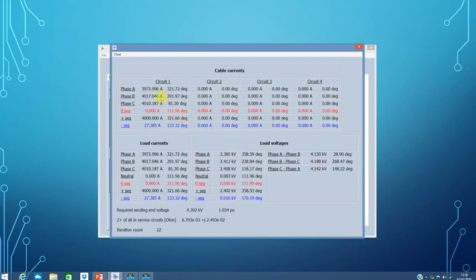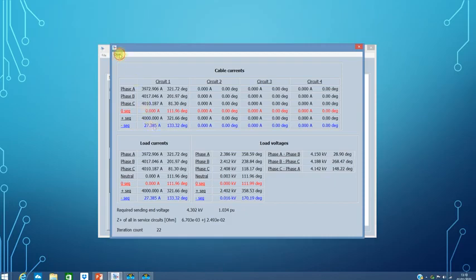You can see that there is no zero sequence current now. Cable 1 is supplying the full load current of 4000 amps, and we have 27 amps of negative sequence current. And as I've said, this is due to the flat formation of the cables.